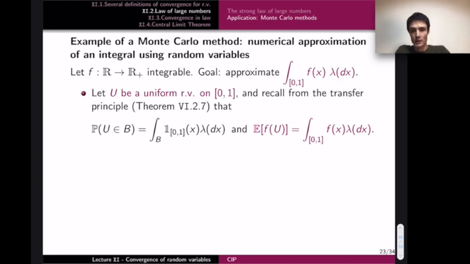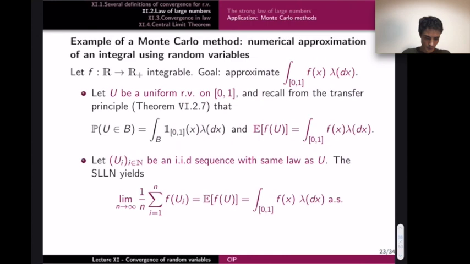So what can I do now? Well, I draw a sequence of IID random variables, which are all uniform random variables on 0, 1. And now the strong law of large numbers tells me that the limit of 1 over n times the sum of the f of Ui's converges almost surely to the expectation of f of U. And as I said before, this expectation is precisely this integral.